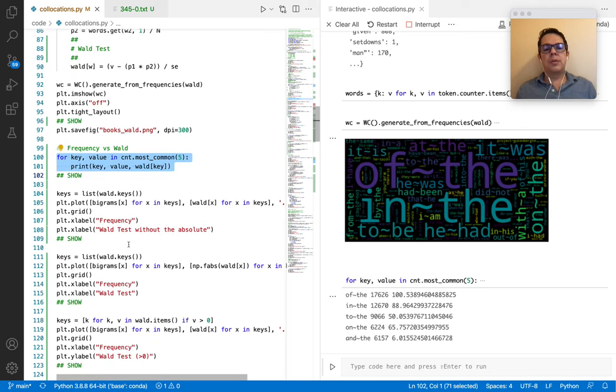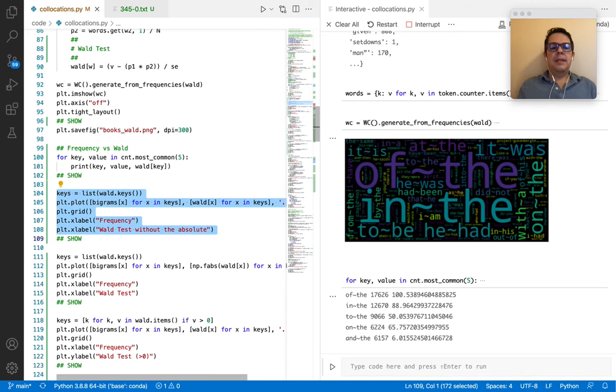In order to try to explain that, what we are going to do is create a scatter plot of the frequency, which is going to be this one. This list is computing the frequency versus the Wald statistic.